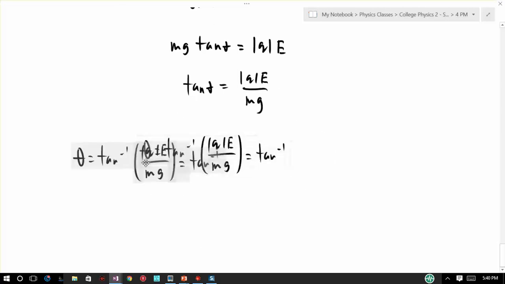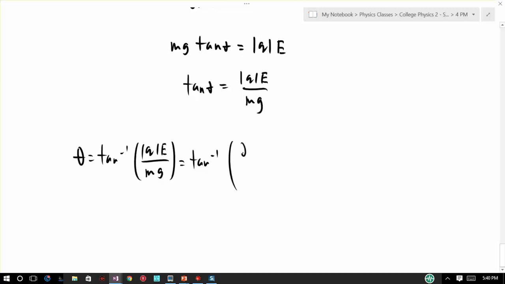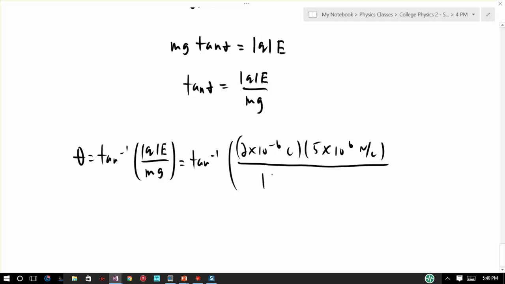So the amount of the force is the same as it was in the last problem, because the absolute value is 2 times 10 to the minus 6. This is 5 times 10 to the 6th. So that's 10 newtons. The numerator is 10 newtons again. Then the denominator is 1 kilogram, because that was the mass.